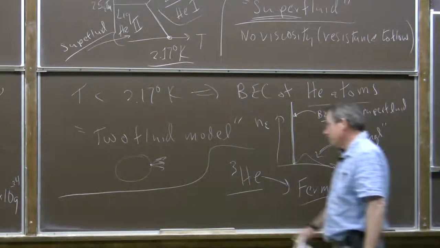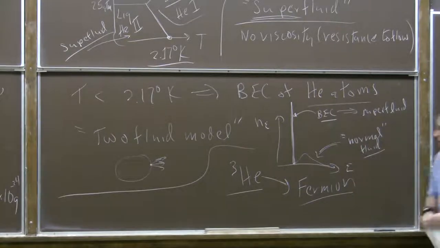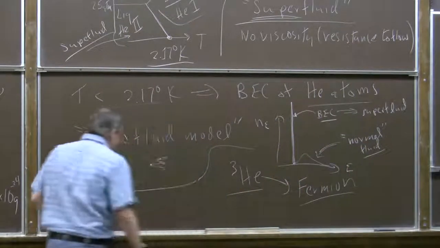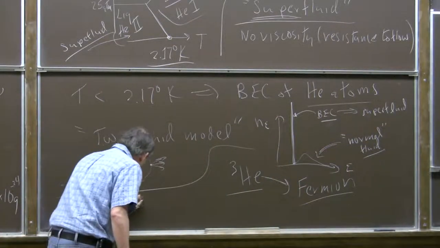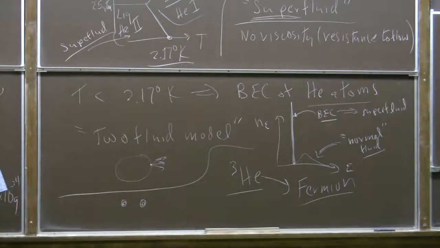Well, what we think happens with helium-3 at sufficiently low temperature is that helium atoms form bound pairs. 2 helium-3 atoms form a kind of molecule, and it's a complicated story, what gives rise to the attractive force that makes this molecule.